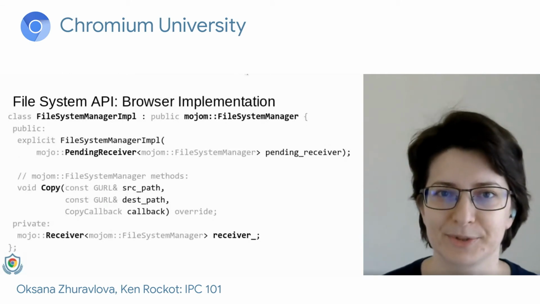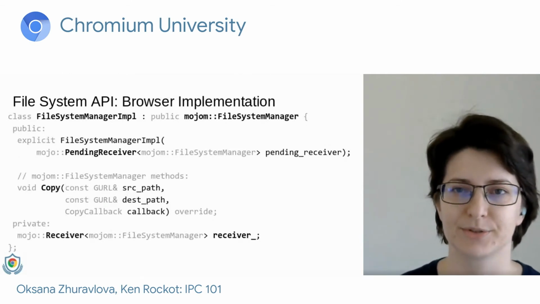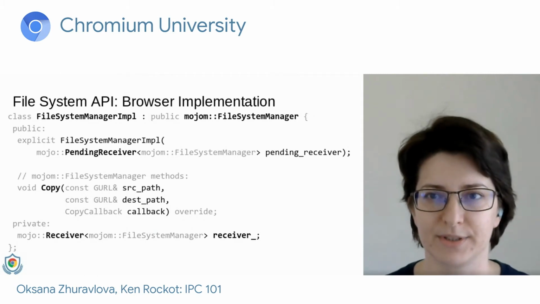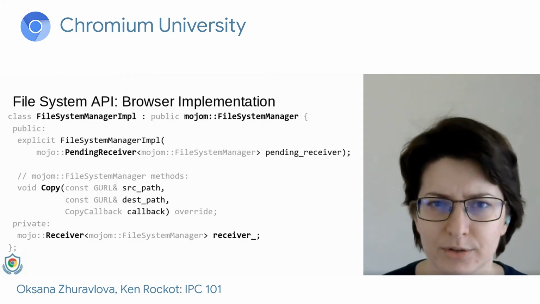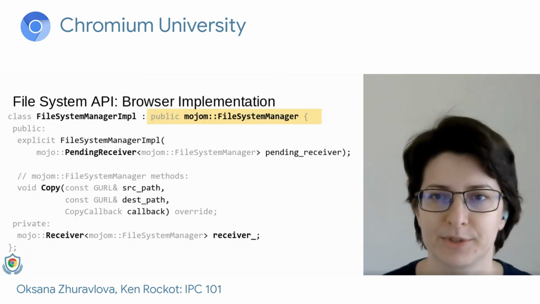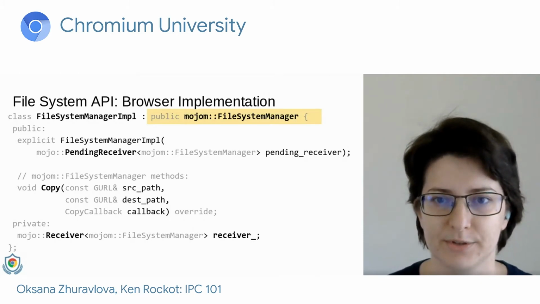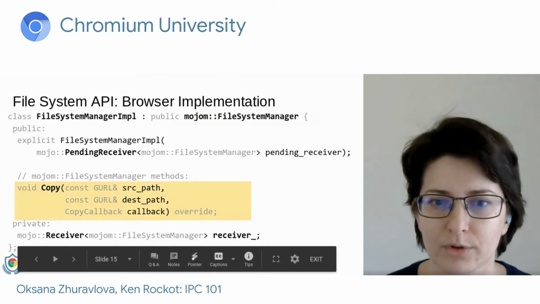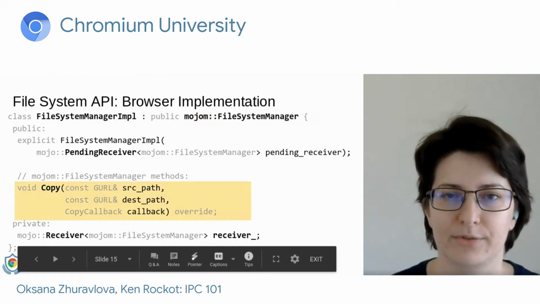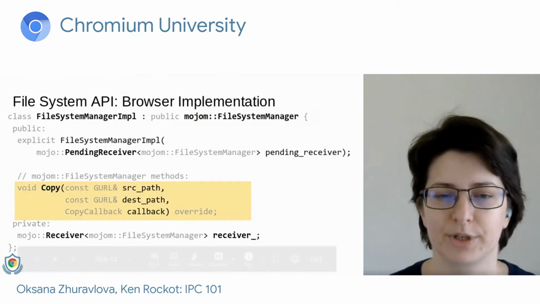Okay, so to implement our interface, we need to inherit a class from file system manager that we just saw. The minimal implementation would override the copy method and have a receiver instance to handle the communication with the renderer.